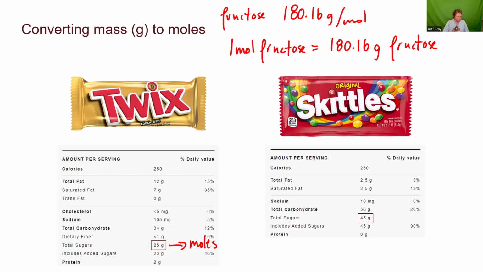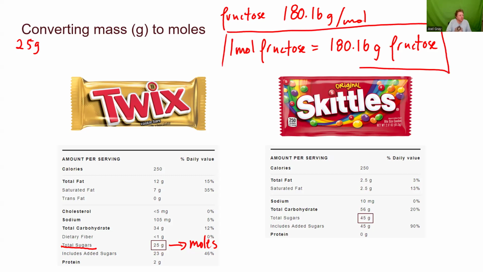Now, what I'm going to do is take my masses of fructose, or what I'm imagining is fructose, this 25 grams, and I'm going to write that first, 25 grams. I'm writing that first because that's the amount that I want to convert to moles. Then I've got this statement right here that I just put together. That statement right there is kind of the conversion factor.